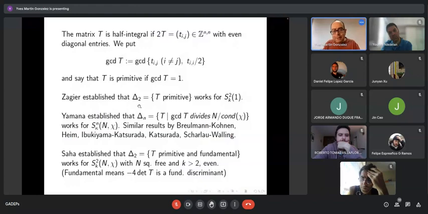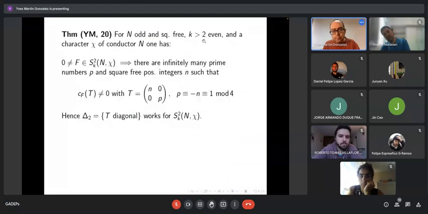Okay, later on, actually in 2020, I published a paper with a different Delta set. Here we have the conditions: n odd and square free, k integer even greater than 2, and a character chi of conductor n.